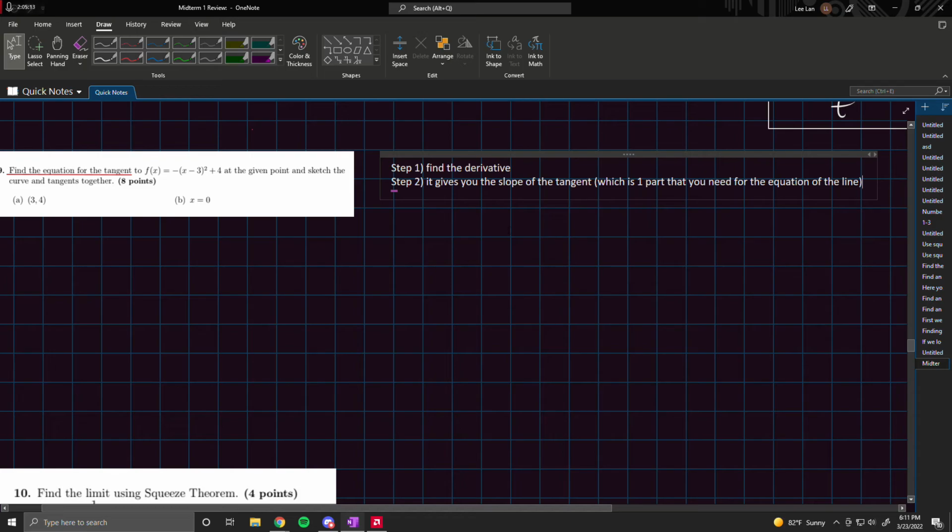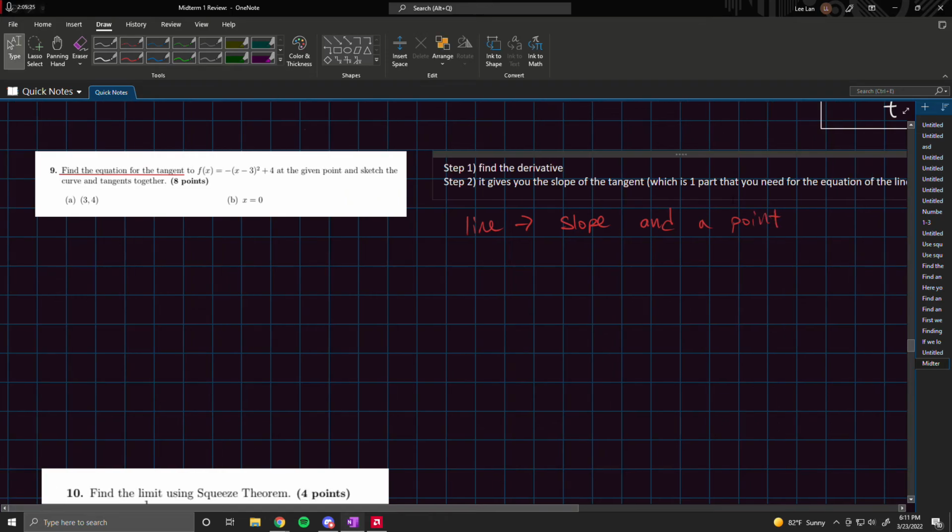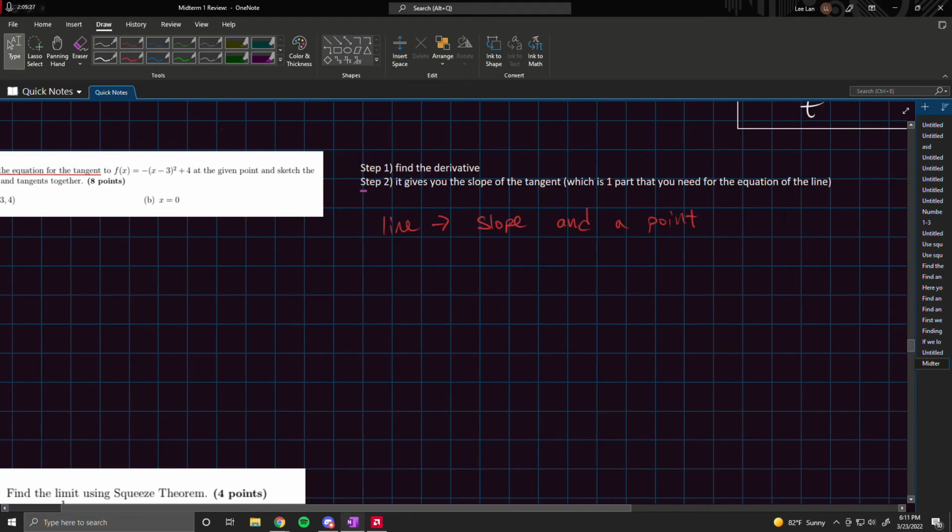And for a line you need two parts: you need a slope and a point. And then step 3, put the slope and point together.